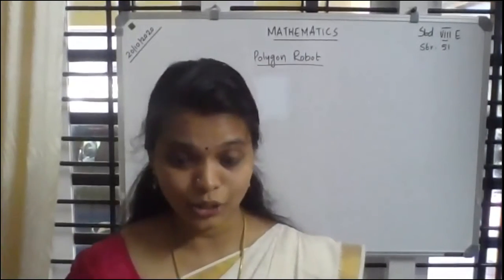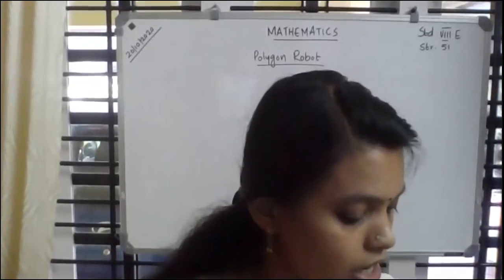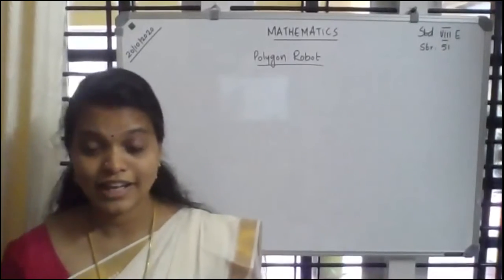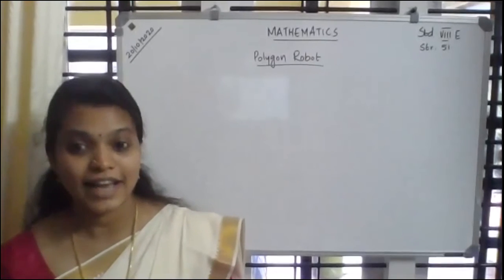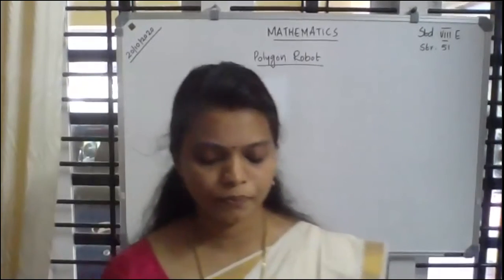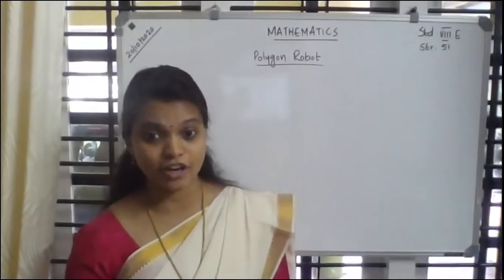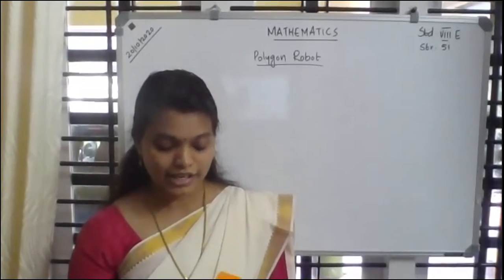I will also make with you. I am also interested to do this. A polygon robot will have 2 legs, 2 hands, a body and head, isn't it? So, I am going to fix the 2 legs of the polygon robot. Isn't it interesting?